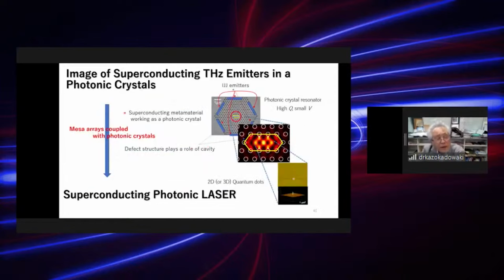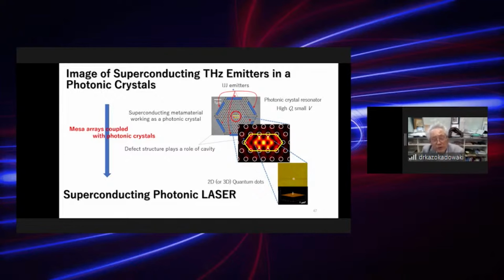Another interesting way to make higher power is using a photonic crystal effect. So we use, for instance, an array of holes in this case. This is gold, the same plate, and we have many holes in such a way. This is the hexagonal arrangement.